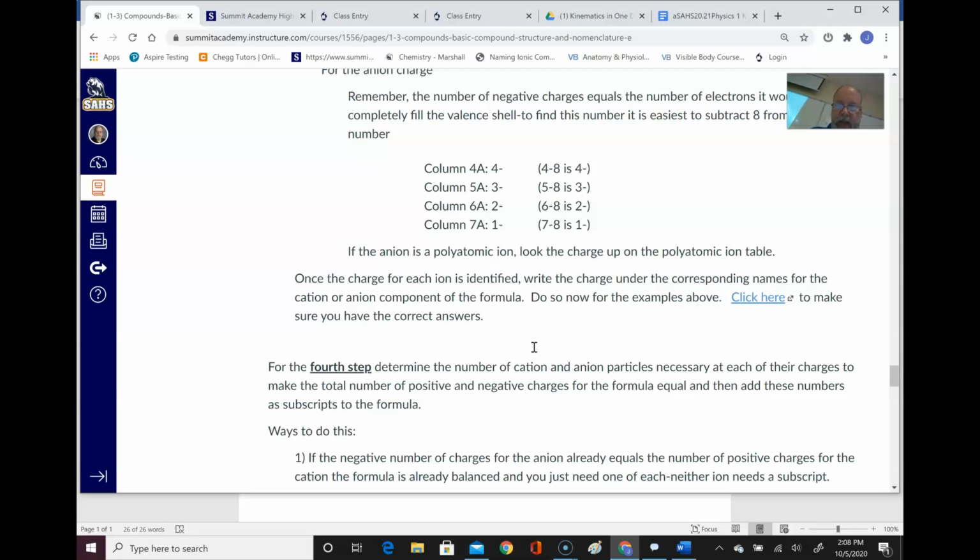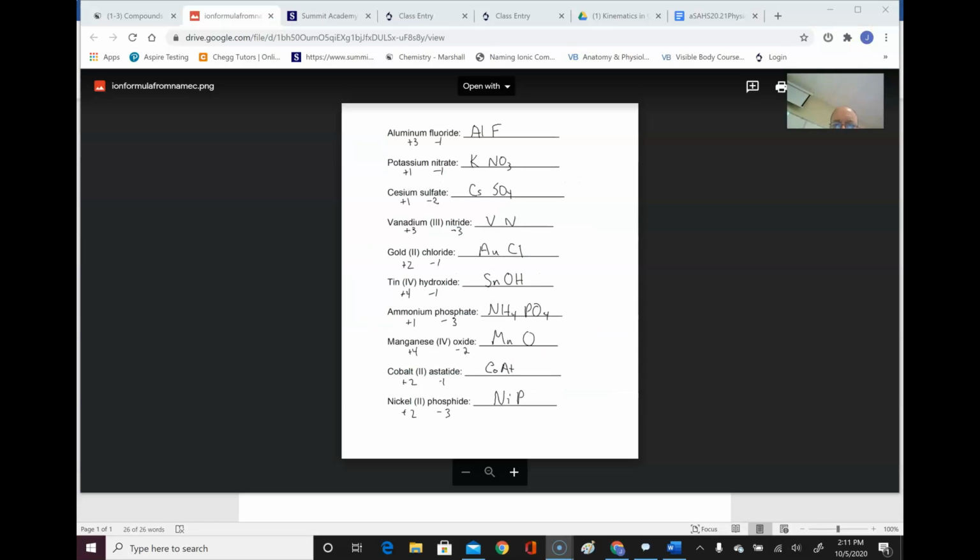Once the charge for each ion is identified, write the charge underneath the corresponding names, and then do so now for the examples above. So we'll go ahead and do that, and you can look on the sheet here as well that I've provided the link for to find that.